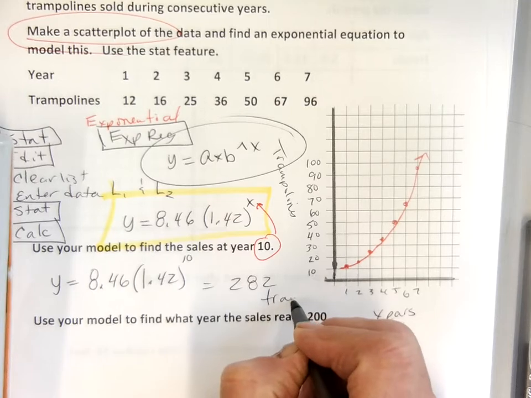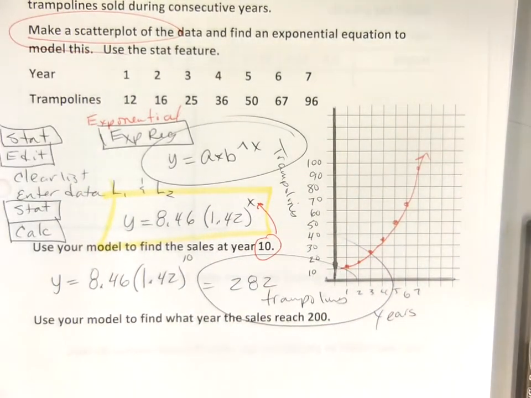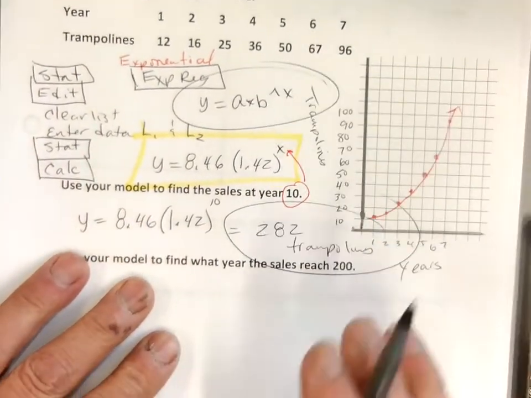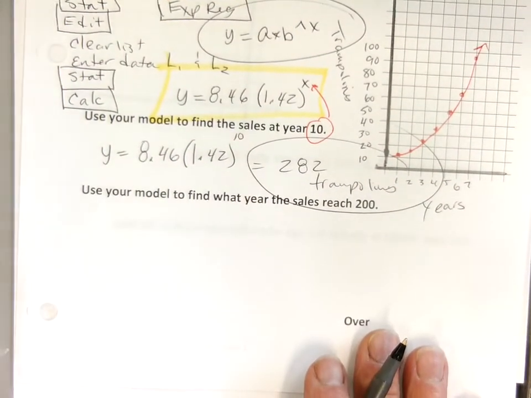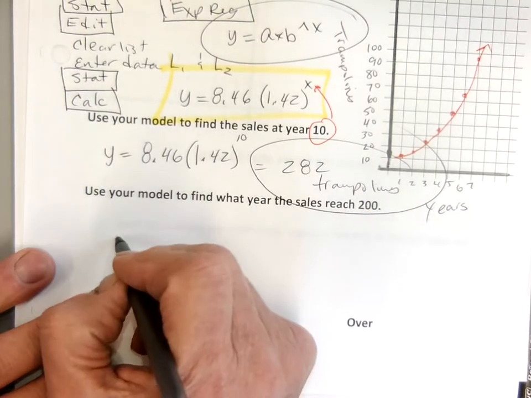Okay. Now, what year will the sales reach 200? Here comes the Algebra 2 question. All this was basically Algebra 1. Here comes the Algebra 2. Set it equal to 200.